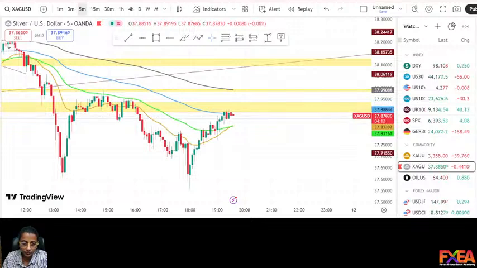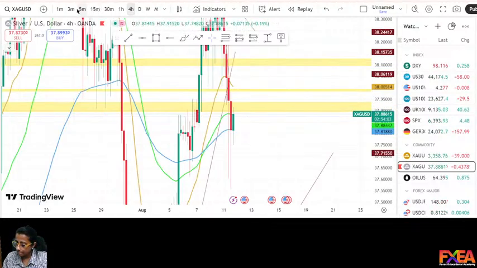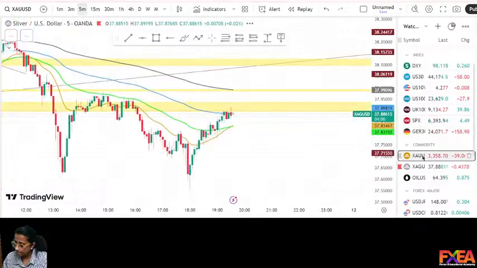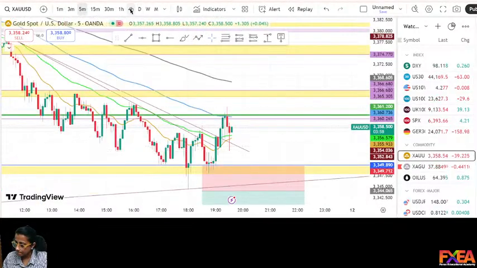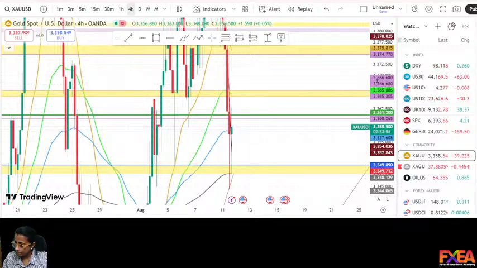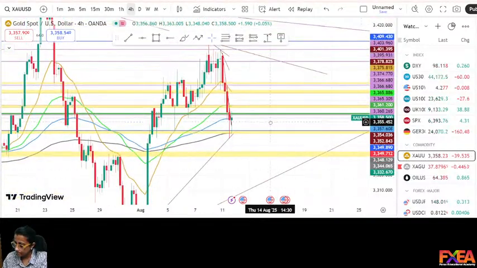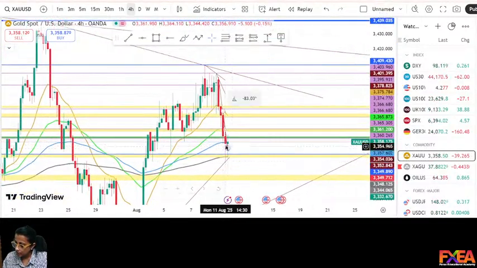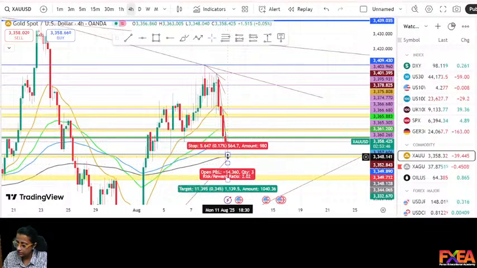It has moved from this area till this area, and yes, it can move up to this level also.